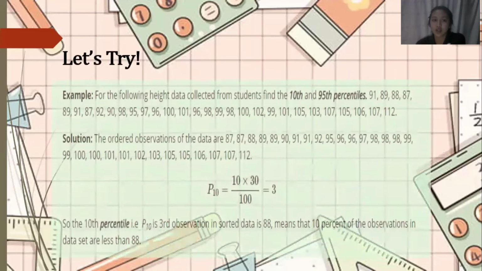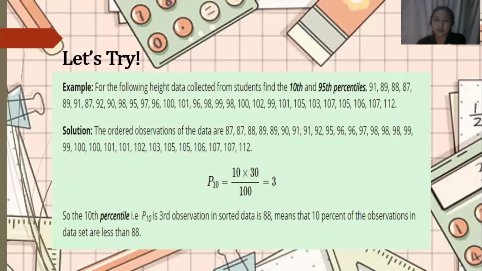Okay, so let's try. Here's the example. For the following height data collected from students, find the 10th and 95th percentiles. So, now ang gagawin natin, hahanapin po natin yung 10th percentile.